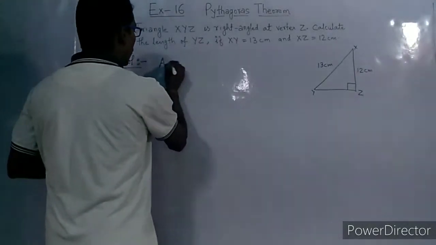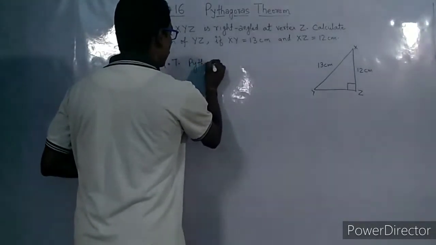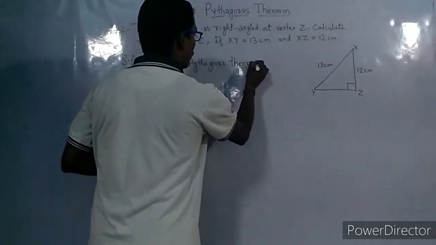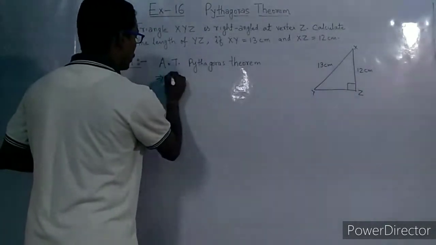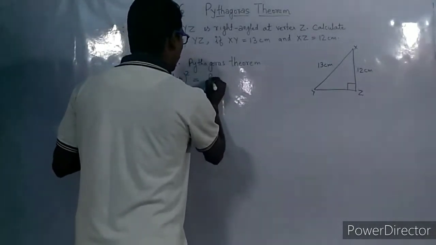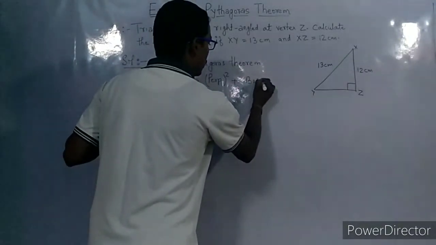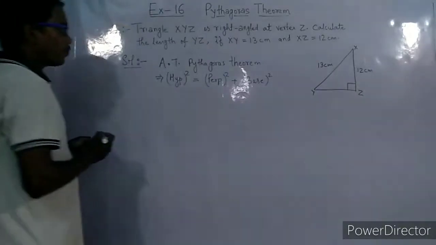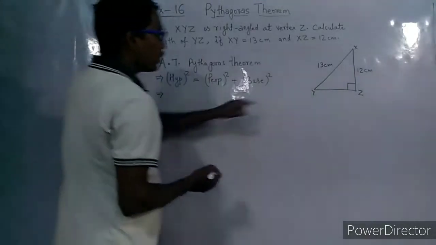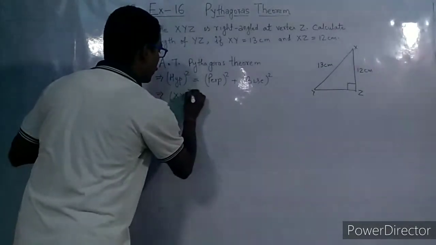Now, according to Pythagoras theorem, hypotenuse square is equal to perpendicular square plus base square. This is the formula. Now we will write the names. Hypotenuse is XY, so XY square.